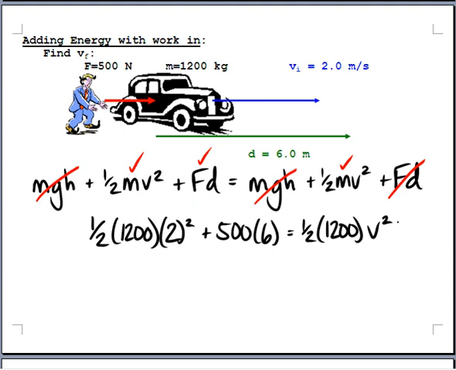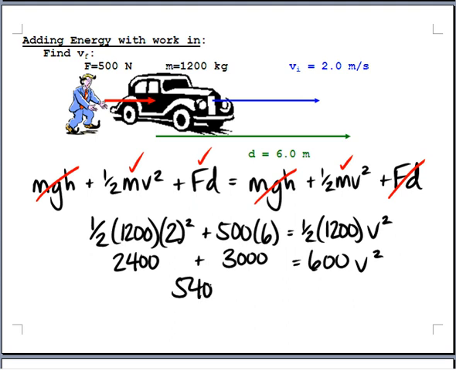I will pause the video and run some numbers here to save us some time. So according to my calculator, there's the values. Do a little multiplying. Add the left-hand side. We get 5,400 equals 600 v squared. Divide both sides by 600.